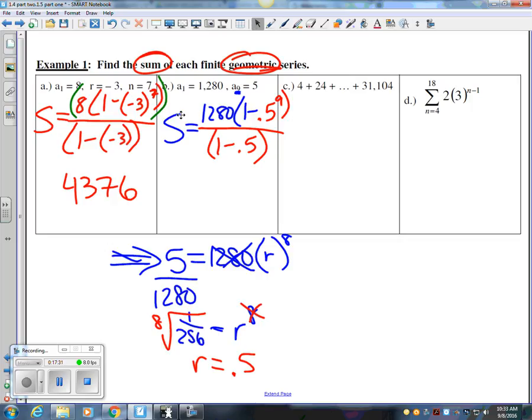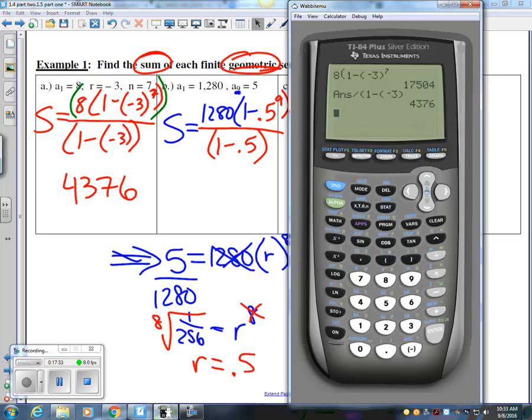So once again, when I type it in my calculator, I like to just do the top first. 1280 parentheses 1 minus 0.5 to the 9th power. Press enter. Divided by 1 minus 0.5. All right. 2555555.